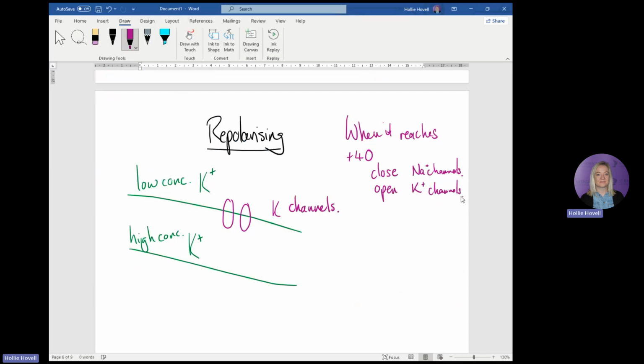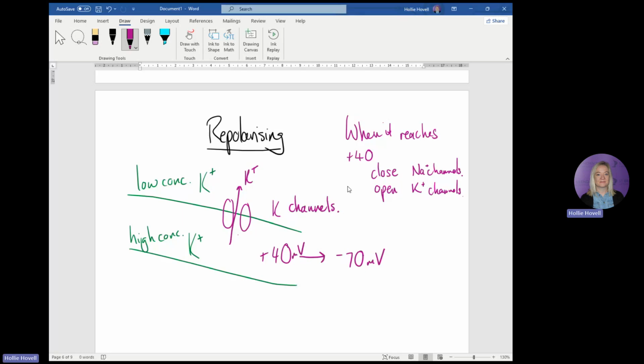So we don't want any more positive charge coming in. We don't want it any more than plus 40, but we need to get these potassium ions out to reduce the charge in here. So it was at plus 40, and gradually we can lose the potassium ions, getting positive ions out, and we need to get it down to minus 70 millivolts.